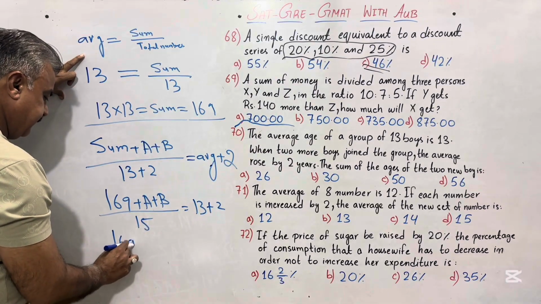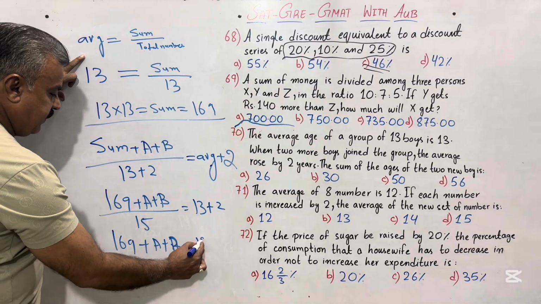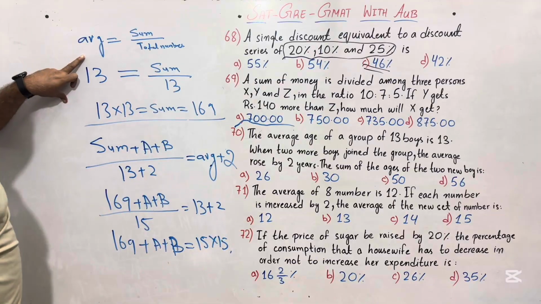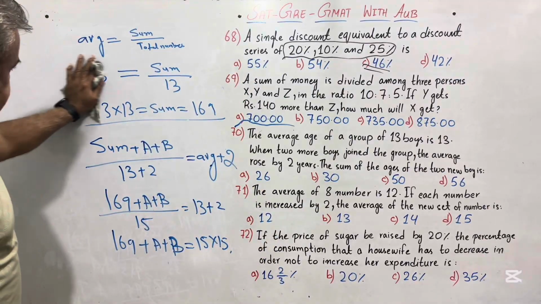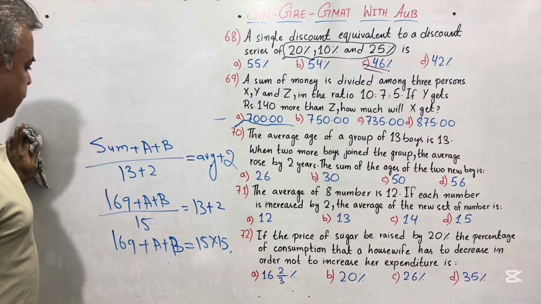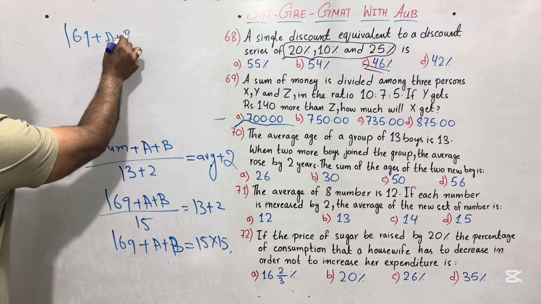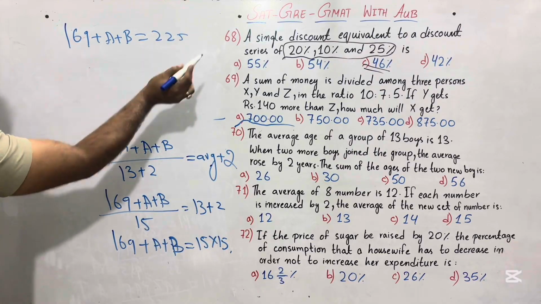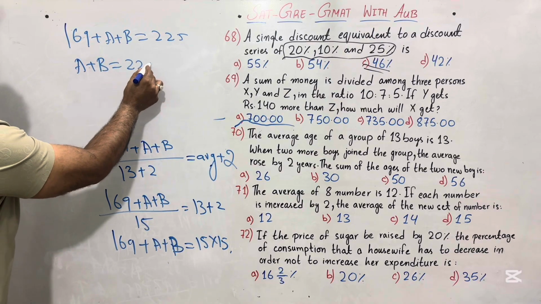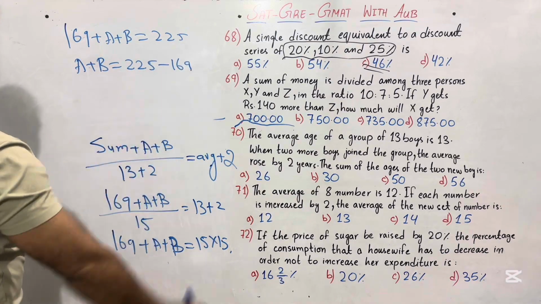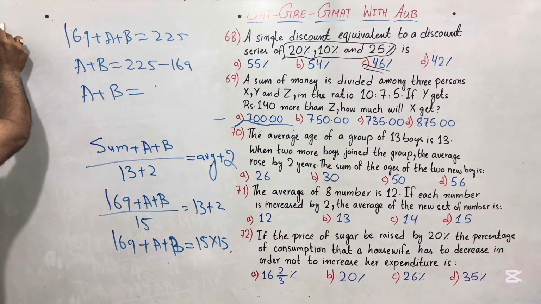Now we have the previous sum plus A plus B, equal to 15 times the new average. Taking the previous sum from left to right, we subtract it from the product. So A plus B is equal to how much?